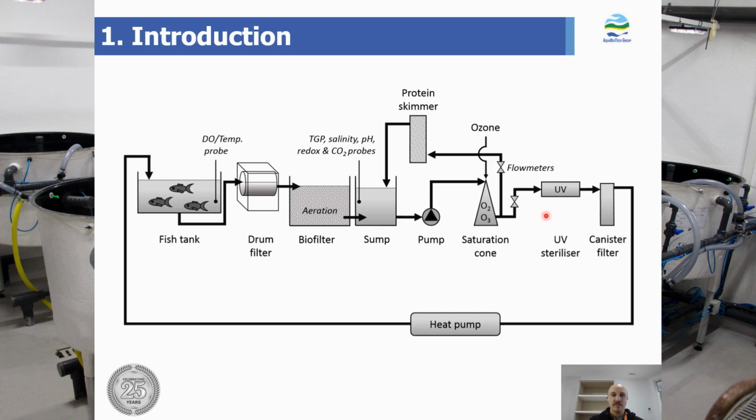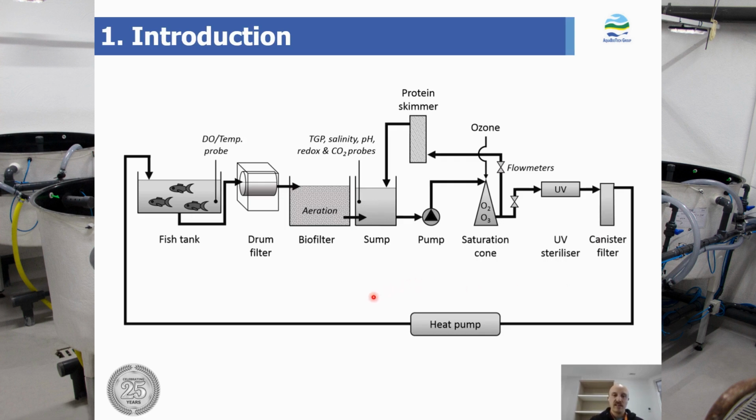And then we have steps like UV sterilization, where we try to remove all the leftover potential pathogens in the water. We have a canister filter, which is not always present, but it's useful to remove the very last fine solids in the system.